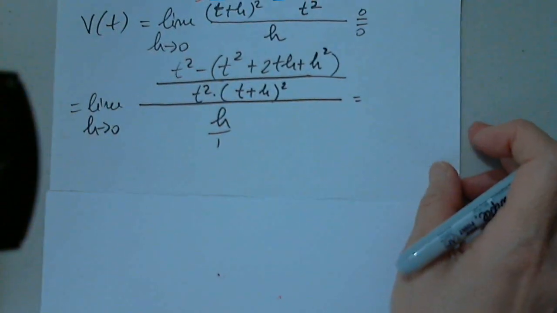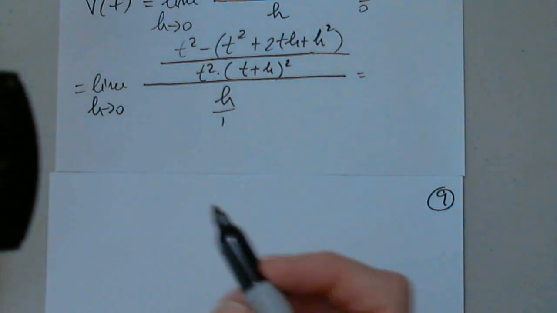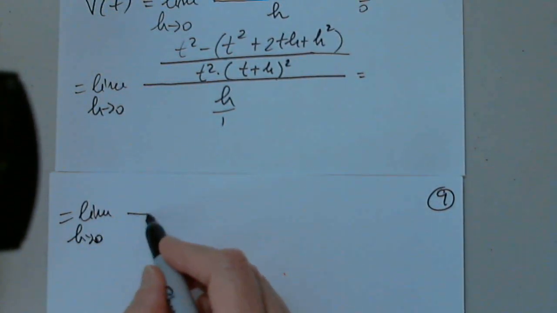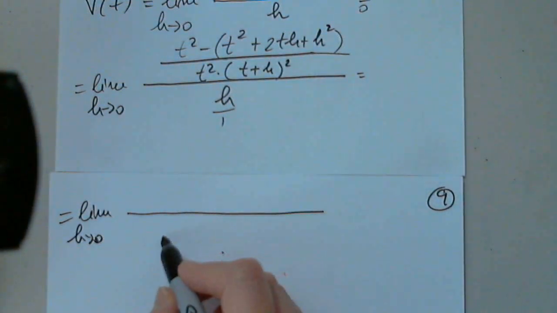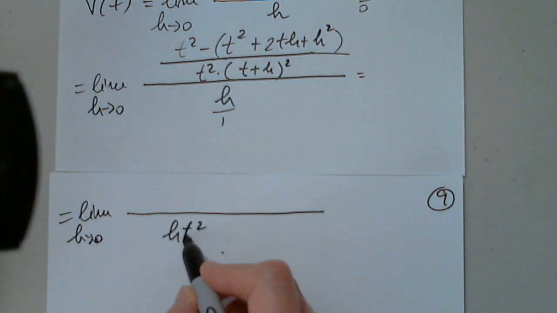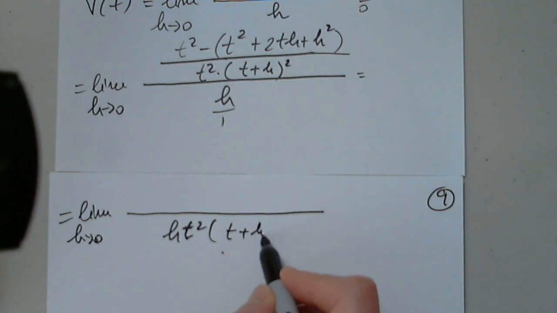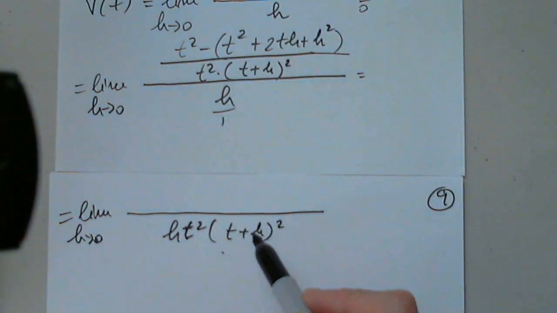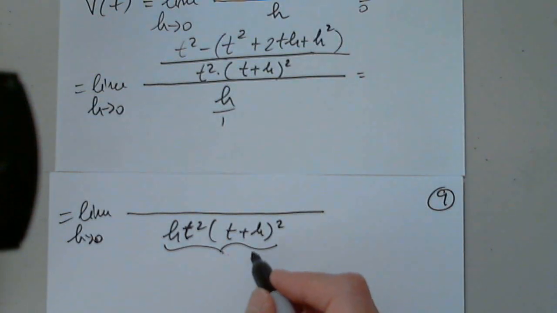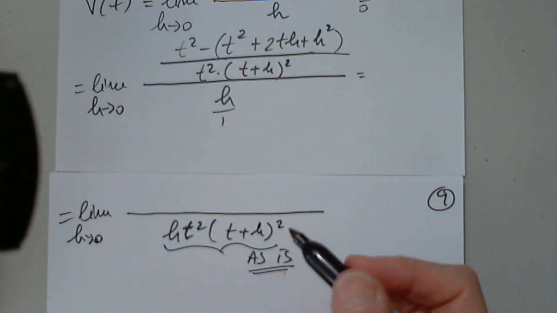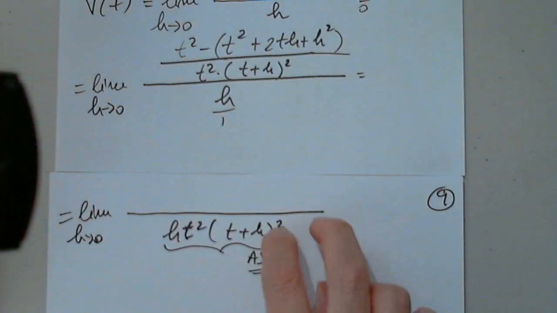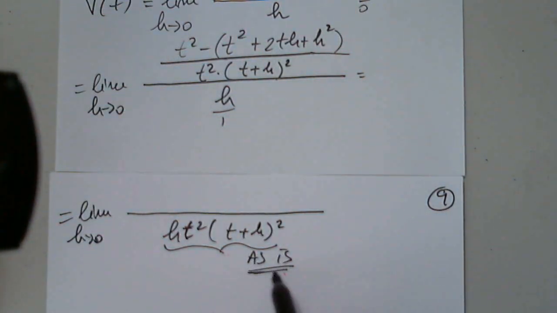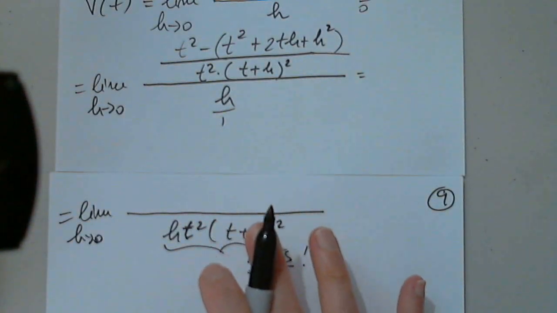And we are on page 9. So that's the limit as h approaches 0. The new denominator is h, t squared, and t plus h everything squared. Please do not multiply or expand the factors in the denominator. This has to stay as is. Do not distribute or square anything here. Never in the denominator, please. Do not touch the denominator.